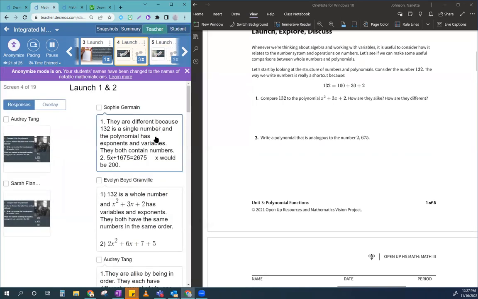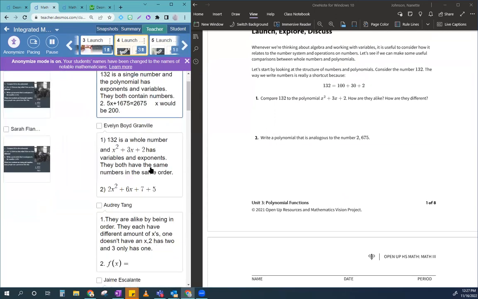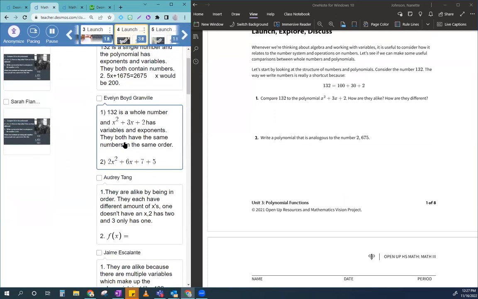I peeked at you guys and you all had some pretty good things to say. They both have variables and exponents. No, 132 does not have any exponents, so no on that one. Go fix that, not a big deal. Another says they are alike by being in order. This is really huge.